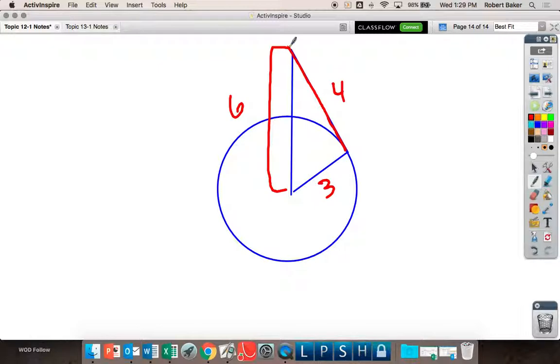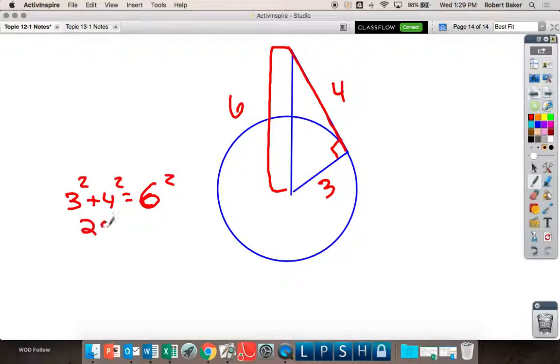How would the red line be a tangent line? Met the radius at 90 degrees. If that's 90 degrees, that would only be 90 degrees if a squared plus b squared equals c squared.